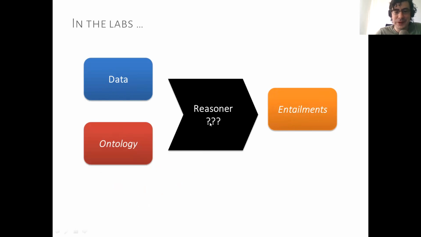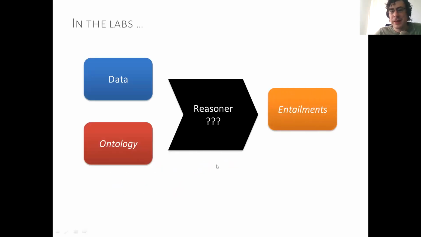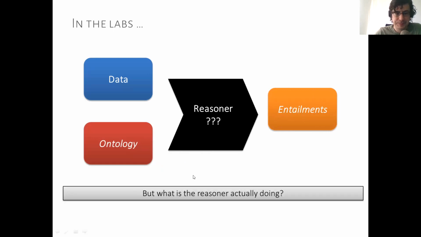So we never really spoke about what this reasoner is doing. So what is the reasoner in the labs doing? It's accepting the first option. It will accept any ontology, and it will do some reasoning, but it might not be complete in some sense, but it will at least finish, right? It will halt. So this is what the reasoner is doing.